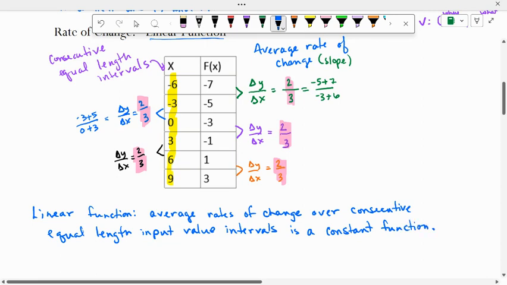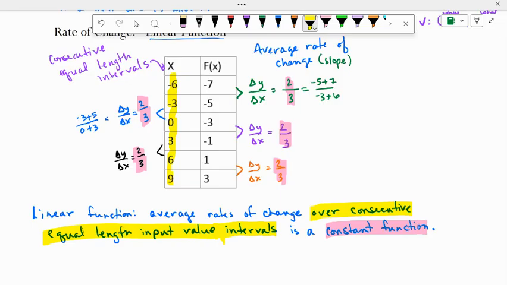So if I were to describe the average rates of change, I would get a constant function because the average rate of change is constant, and I am looking at rates of change over consecutive equal length input value intervals. That is our AP language.